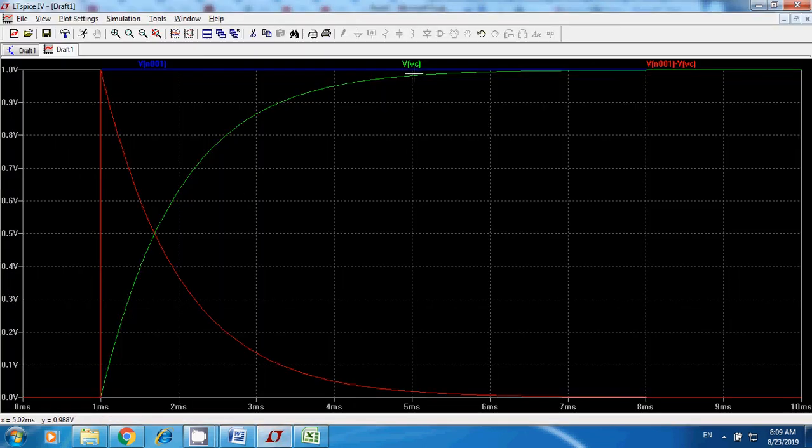Okay, so that's one way to analyze the circuit. Look for the voltage drop across the capacitor and the voltage drop across the resistor, the red line. And you also look for the current flowing through the circuitry.